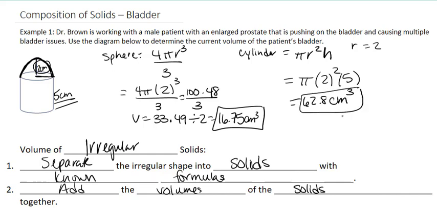Now our final step to this whole problem is we're going to add this half a sphere and the cylinder together.